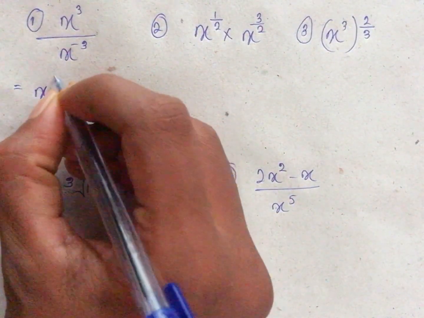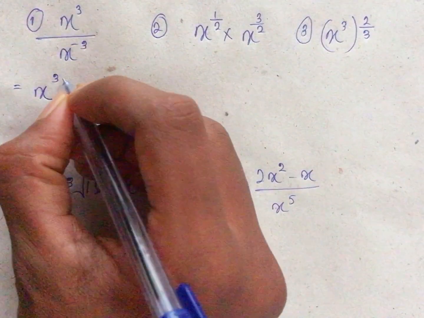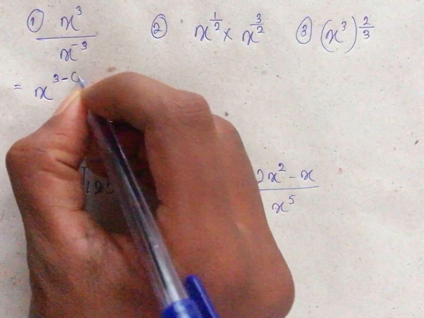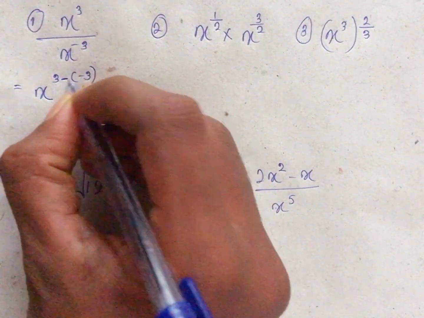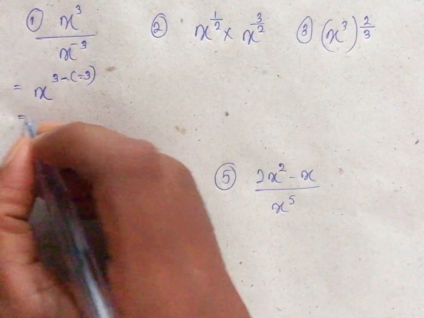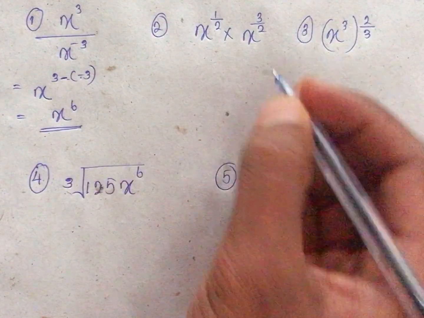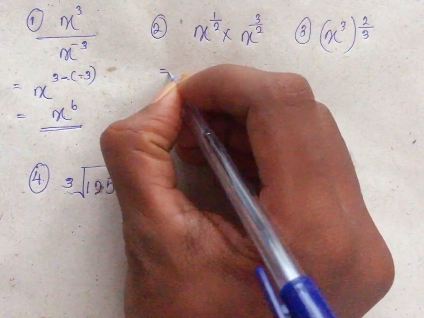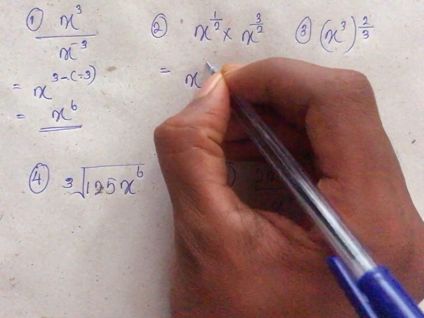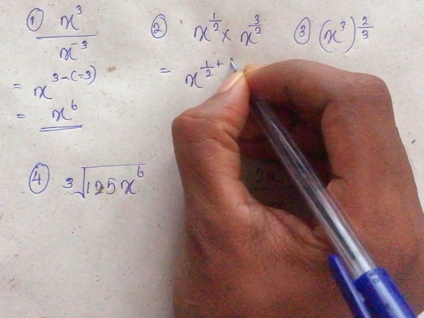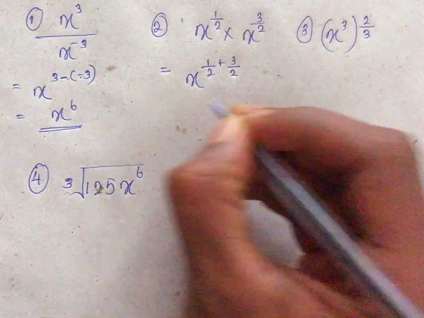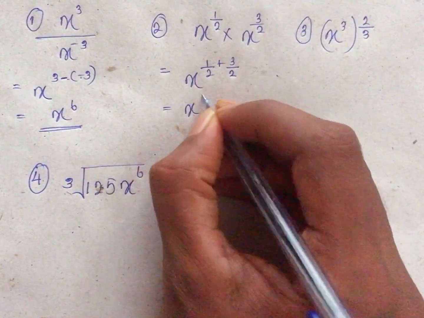Again, let's move to some examples where they apply. First one is x cube divided by x to the power minus 3. When subtracting these two powers, you get x to the power 6. Second case is x to the power half into x to the power 3 over 2. We need to add these powers because it is same base multiplication.